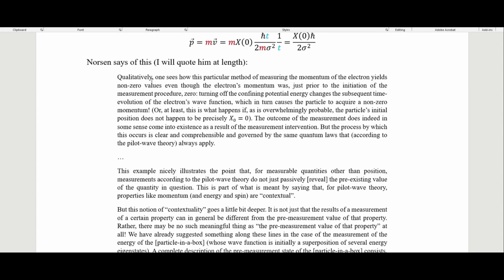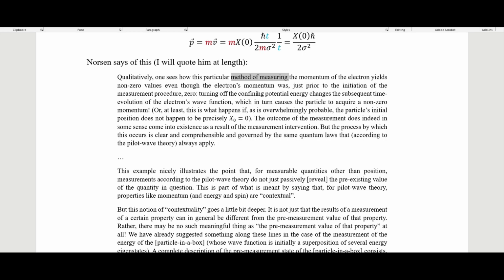He says, "Qualitatively, one sees how this particular method of measuring the momentum of the electron yields non-zero values, even though the electron's momentum was, just prior to the initiation of the measurement procedure, 0." He's talking about the method of measurement as the time of flight measurement method that I was just talking about.